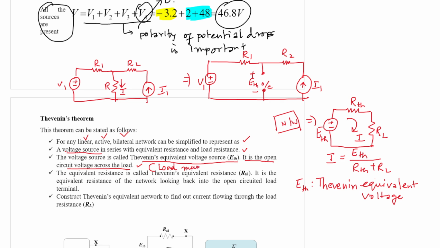You first need to remove the load, which means you need to open circuit it. Whatever voltage appears across that open circuit terminal is called the Thevenin equivalent voltage.